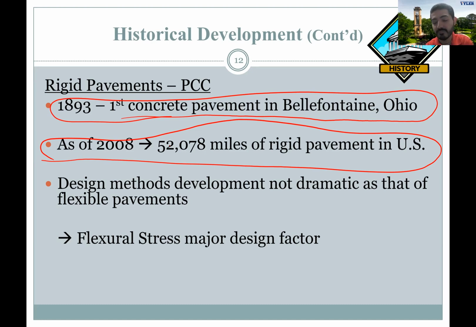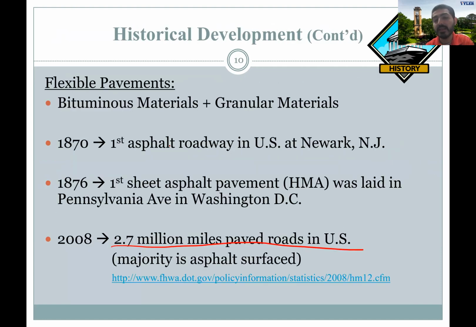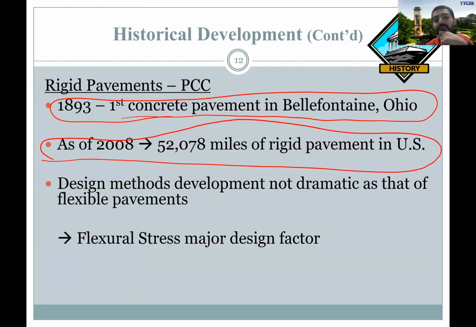So 52,000 miles versus 2.7 million miles. You could tell the difference. Our US highway network still heavily uses hot mix asphalt. About 95, 96% of our network is still using hot mix asphalt compared to a small amount of rigid pavements.